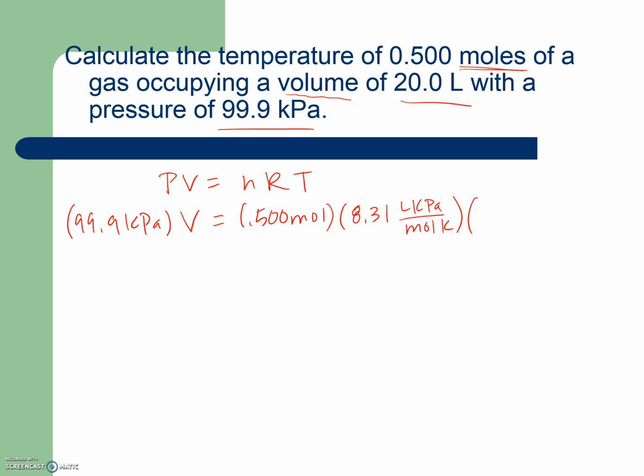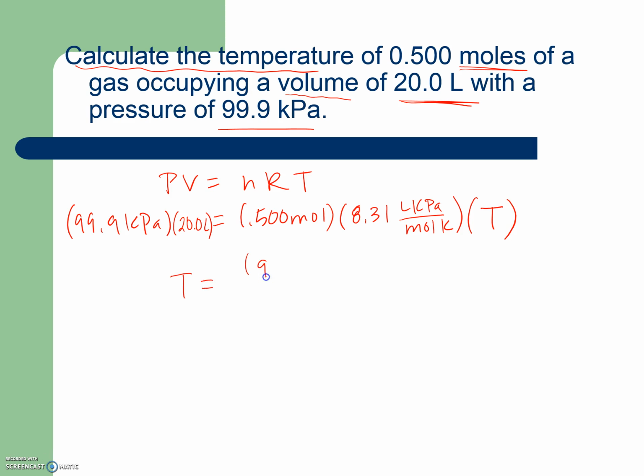And my temperature here, temperature is what I'm solving for. My volume was 20 liters. I'm going to change that there to 20.0 liters. It's actually temperature is what I want to find. Calculate the temperature.